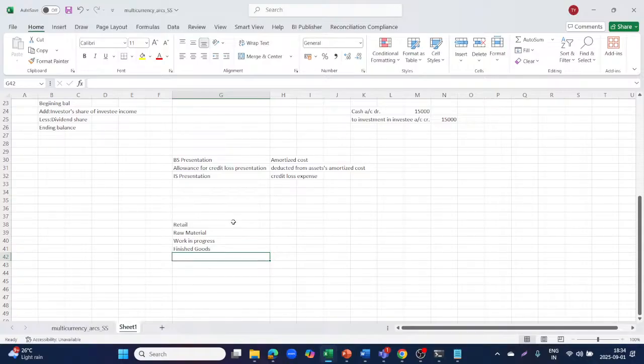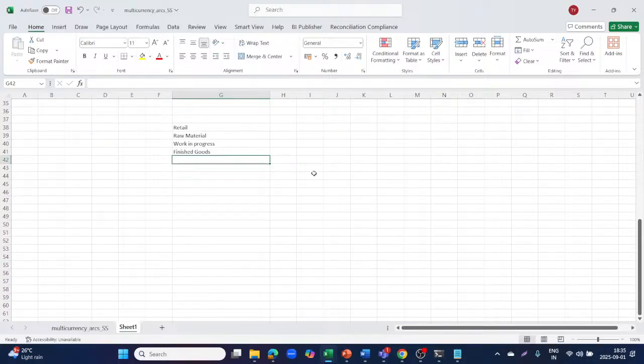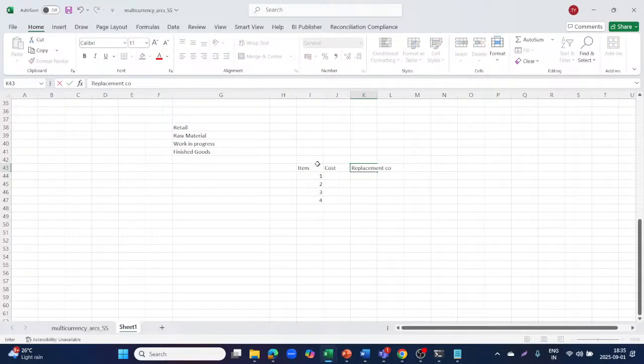Now, suppose Alpha company's inventory is held at the year end, and the company uses the retail inventory method using the lower of cost or market value. That means cost or market value, whichever is less. So if we consider an example, suppose there are 4 items. It tells you cost, then replacement cost, then selling price, and cost of completion.